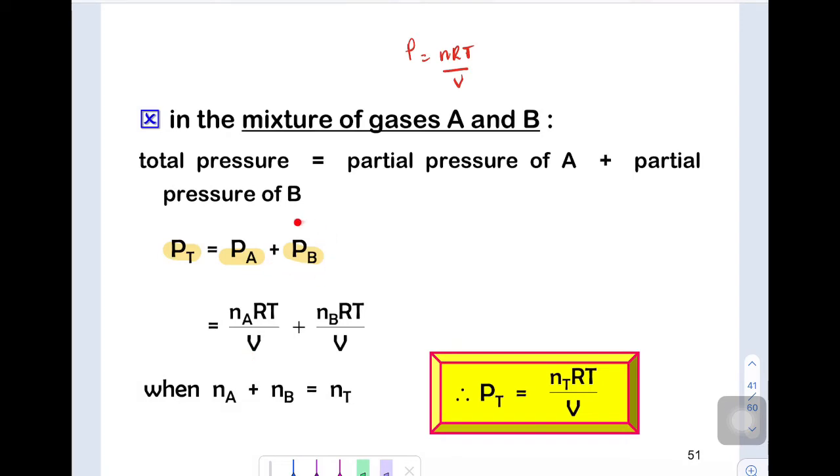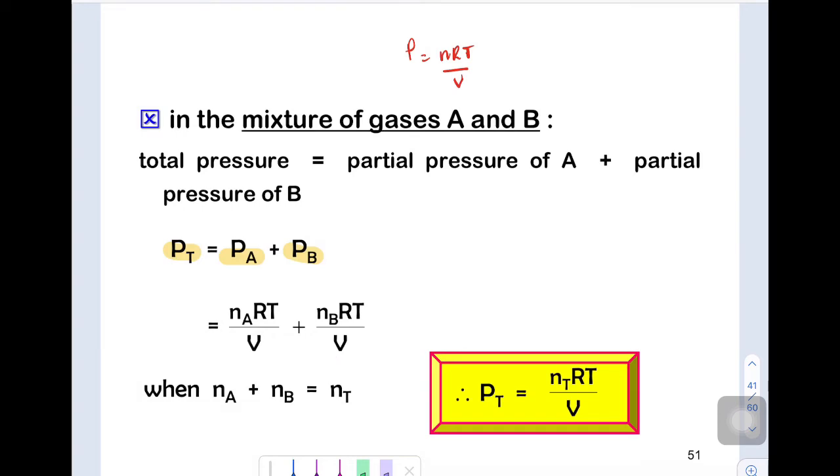Then plus PB, which is the number of moles of B multiplied by the gas constant and temperature over the volume of the container.